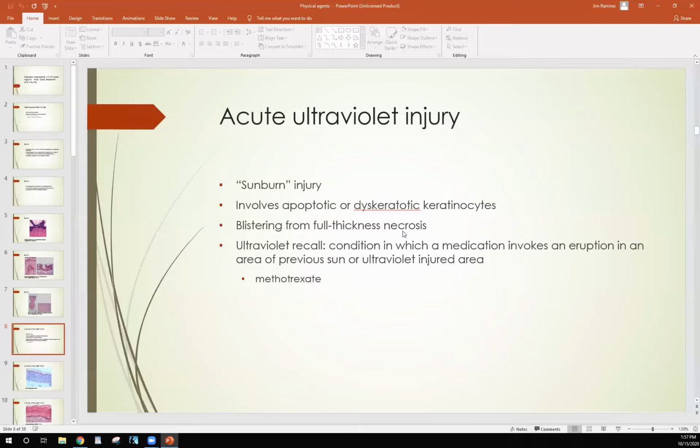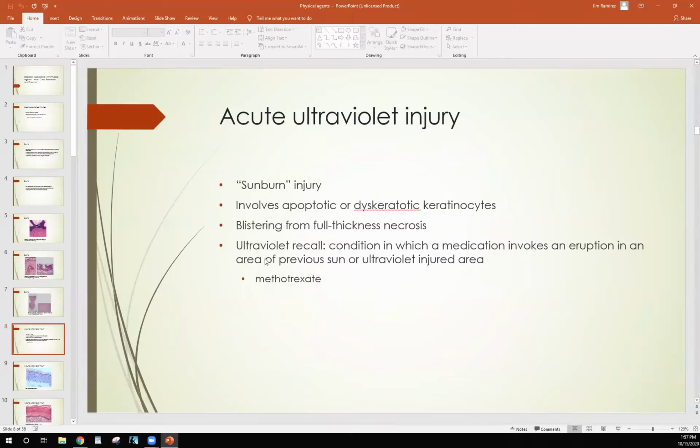We'll see a biopsy that's been taken for like a nevus or something, and we can often tell that the patient's been sun exposed or has acute UV injury based on these sunburn cells or these apoptotic or dyskeratotic cells. In extreme cases, you can get blistering from full thickness necrosis. This is just an exaggerated form of what we have here with these sunburn cells. You get the entire thickness of the epidermis involved.